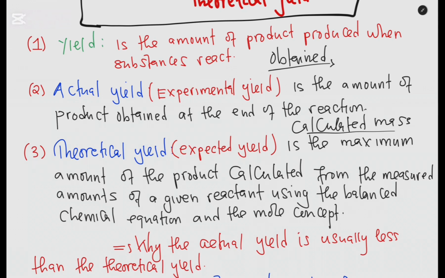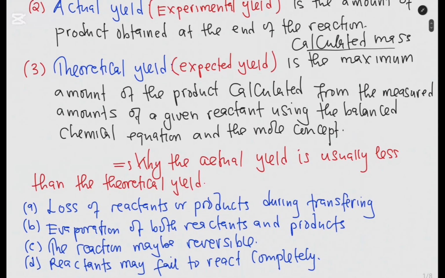Now again, the other thing that you need to understand to make sure that what you are calculating is correct: the actual yield is always less than the theoretical yield. So you are not going to have 100% yield when you do the experiment.